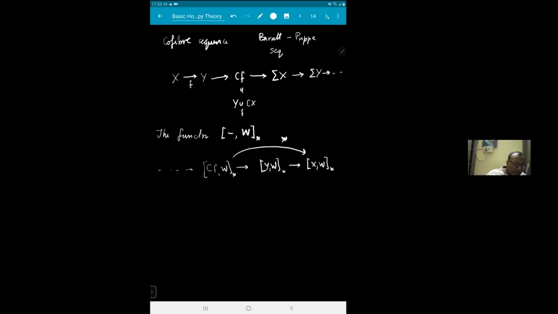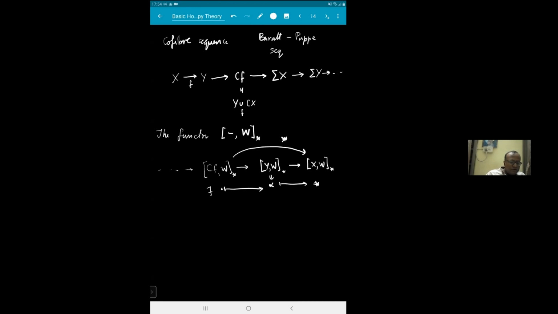Additionally, you have this property that if you have an element here which goes to the null thing, then there exists something over here which hits that element. Why is that? What does it mean that this y goes to null? That means I have a map from y to w which is null homotopic when I restrict to x. So that means it factors through the mapping cone.